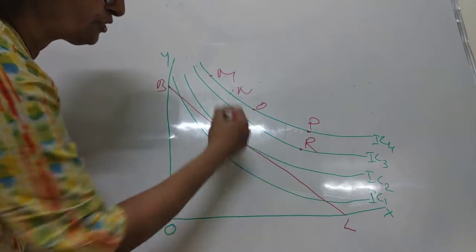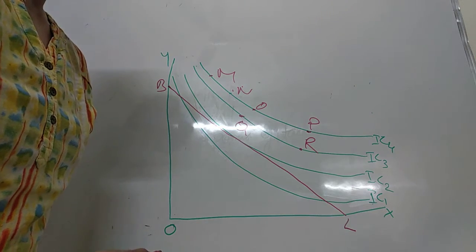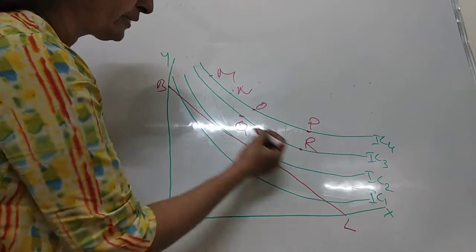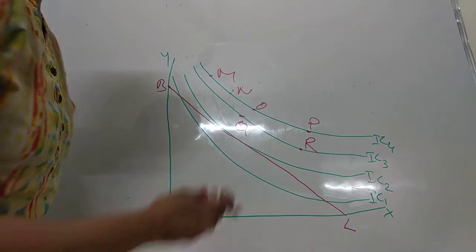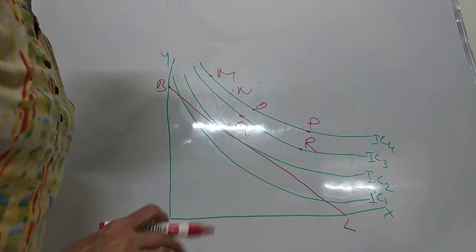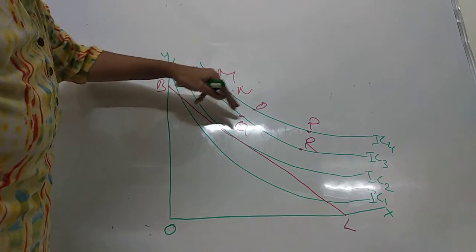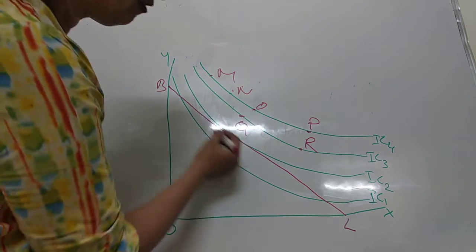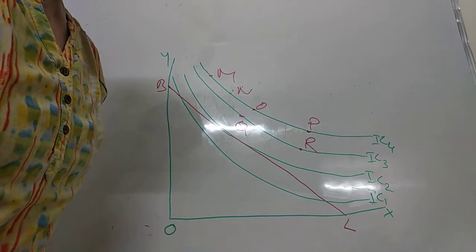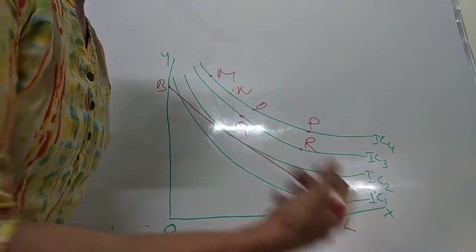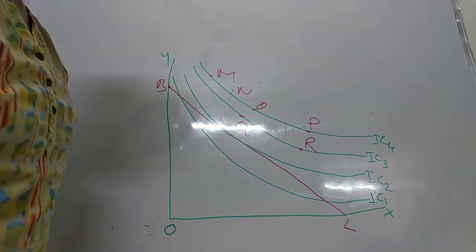All these combinations will be unattainable by the consumer. So there is no reason that we think about the consumer equilibrium falling on any of these combinations. Of course, the consumer will have a higher satisfaction on these combinations than what he gets on IC1 and IC2. But the thing is that he cannot afford to have these combinations. So these are out of the consumer equilibrium, right?